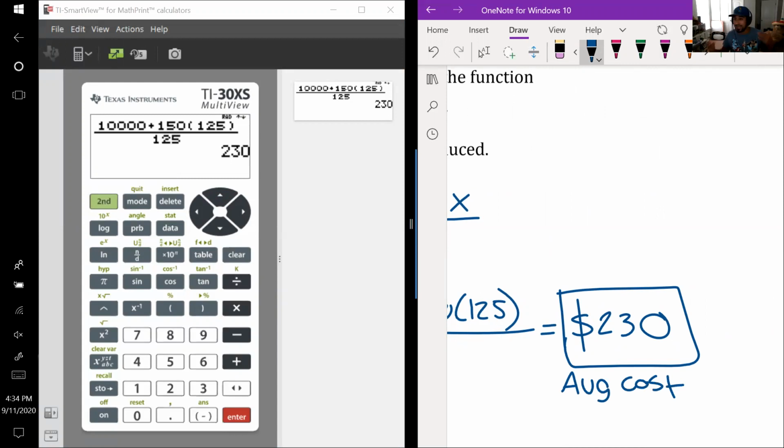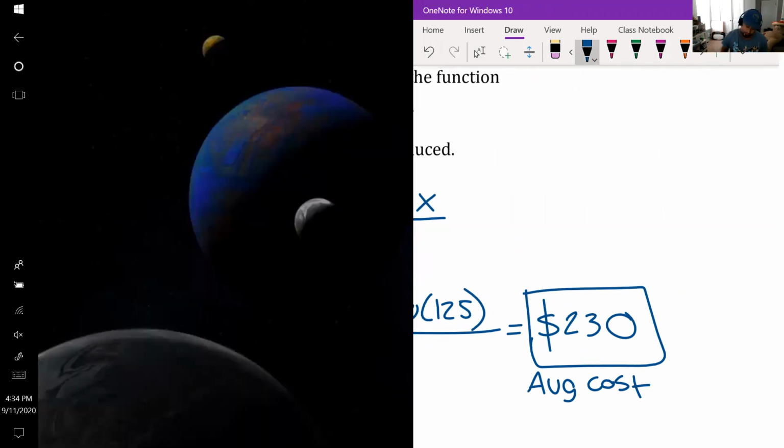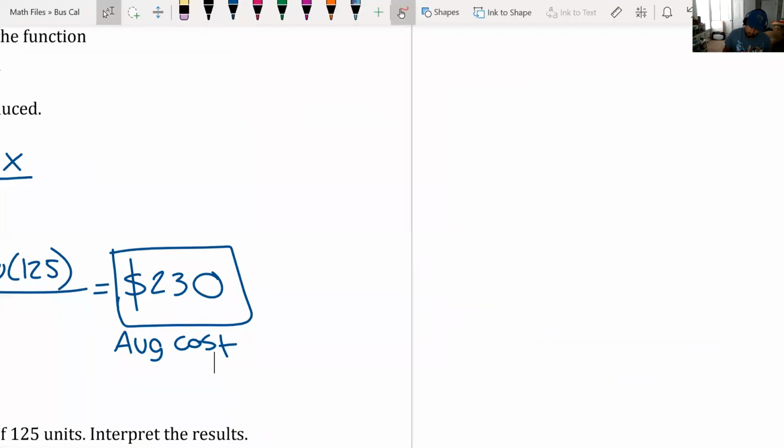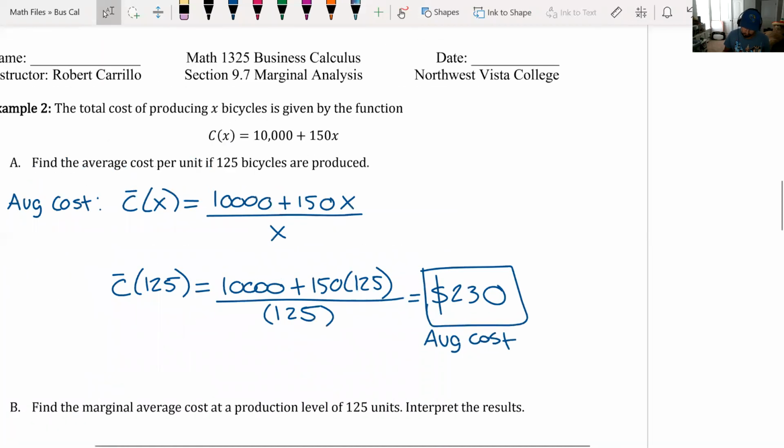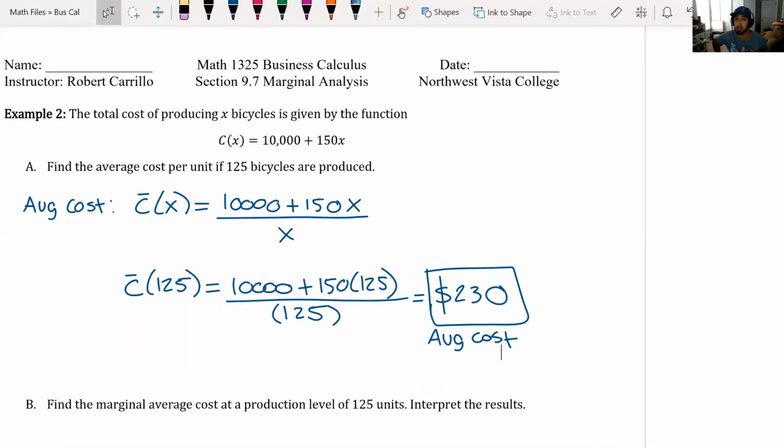Or the average cost at 125 bicycles. All right, back. So average cost per unit if 125 bicycles are produced. When we produce 125. Okay.